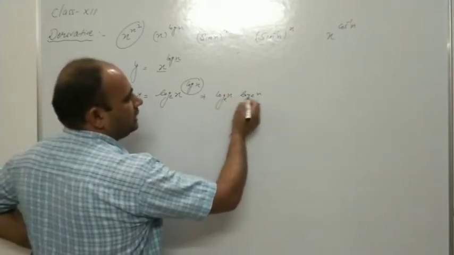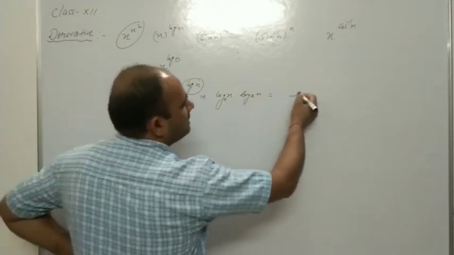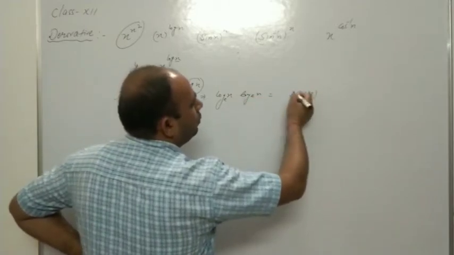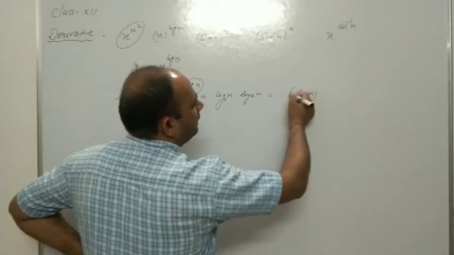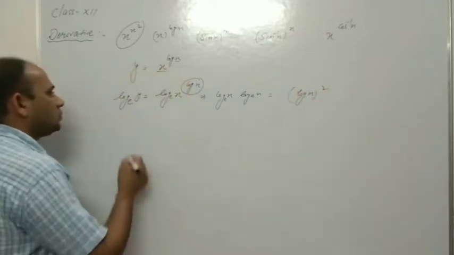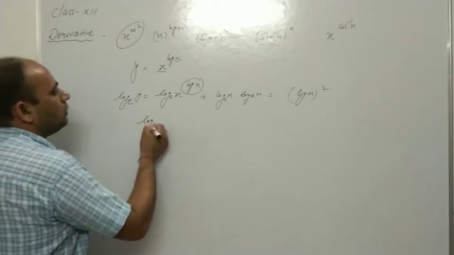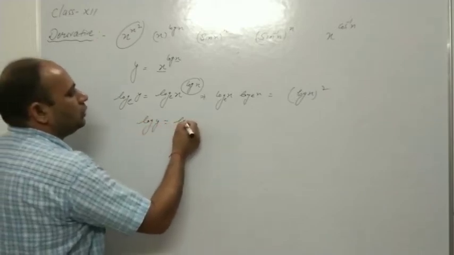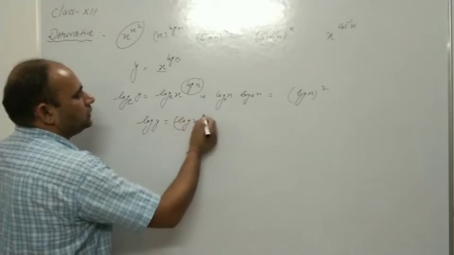So it is log x whole square. So log y is equal to (log x) whole square.